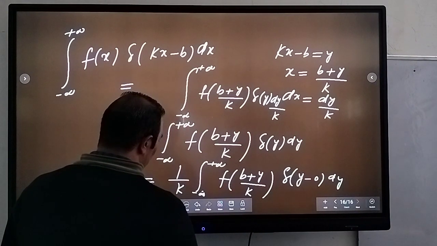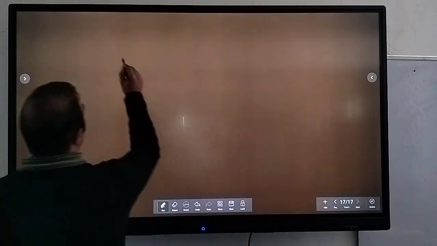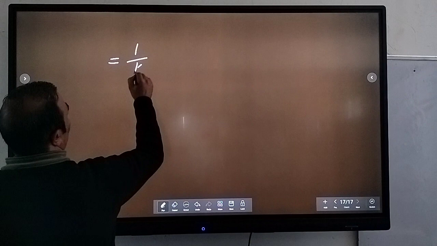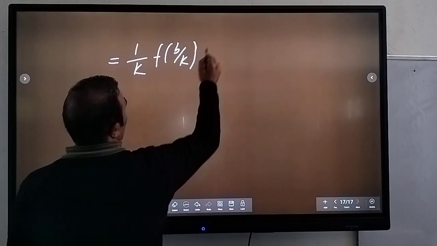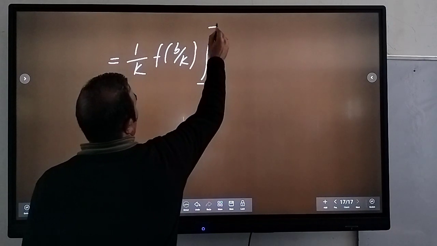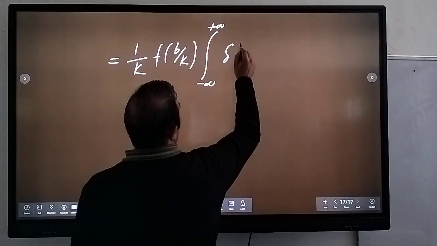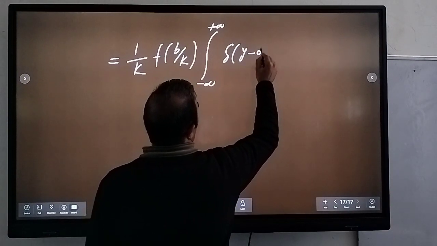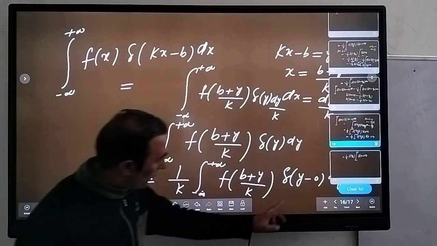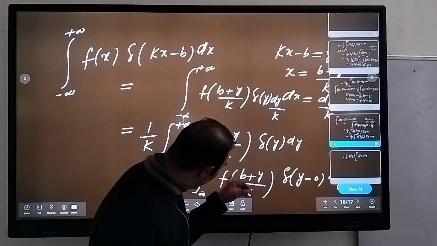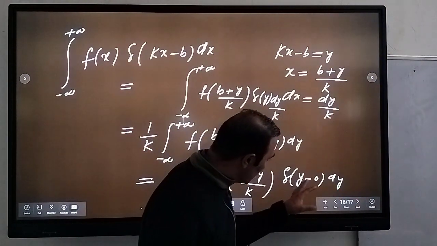So that means, because y equal to 0, this will be f of b by k. So this becomes 1 by k f of b by k. Right, so just check. When I take y as 0, this becomes f of b by k. So outside we have 1 by k, and this is delta of y dy.